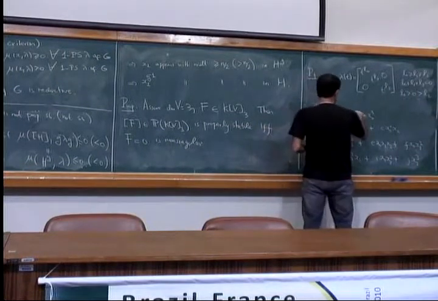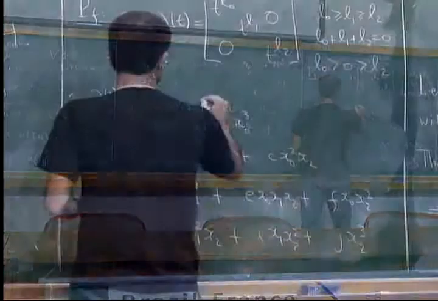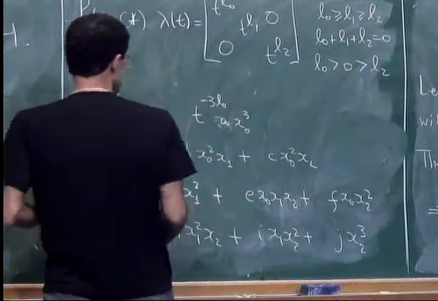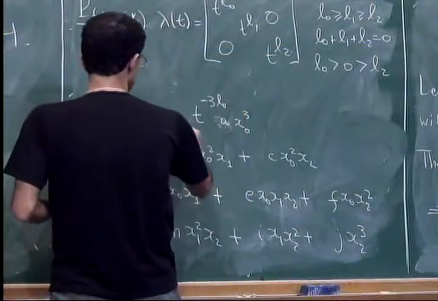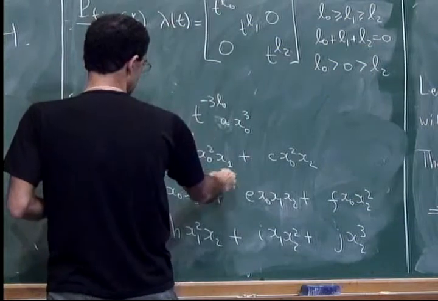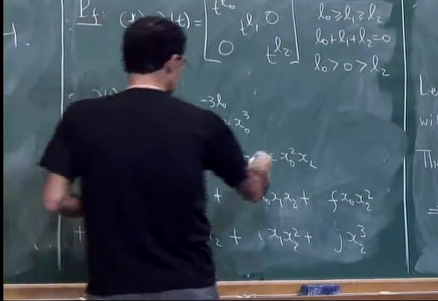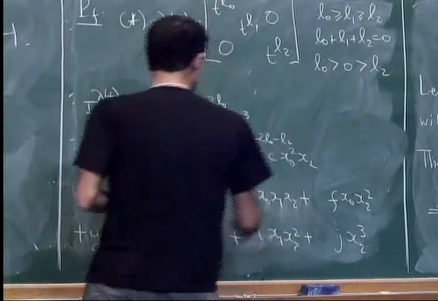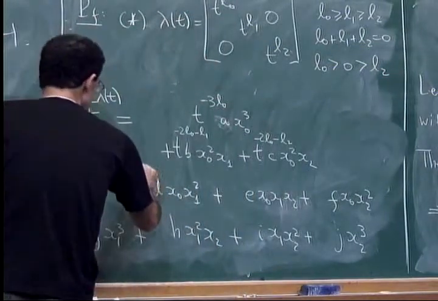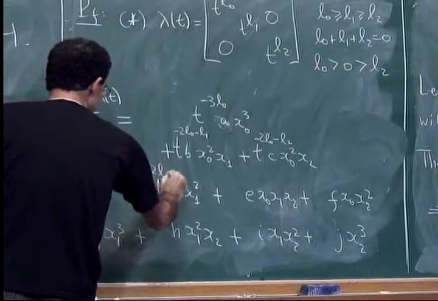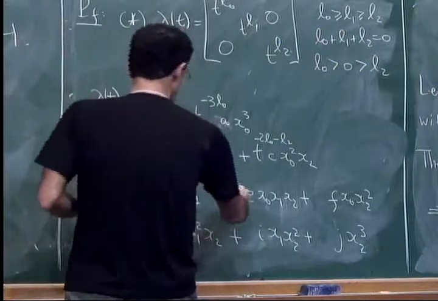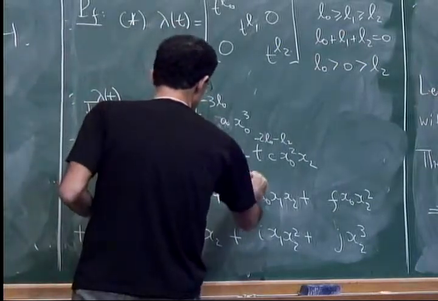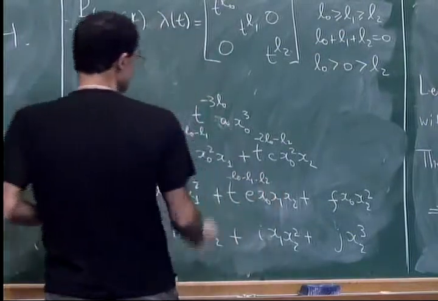So what I'm going to have here is t to minus 3L0. Here we're going to have t to minus 2L0 minus L1. Here will be t to minus 2L0 minus L2. T to minus L0 minus 2L1. T to minus L0 minus L1 minus L2, which is actually 0.